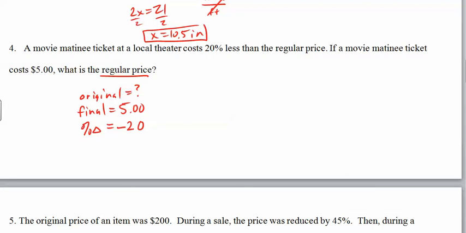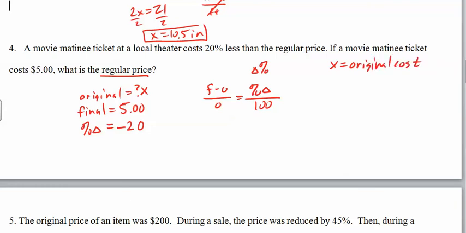All right, so we can go final minus original over original equals the percent change. Technically, this should be the change in percent over 100%. So we should be able to just plug those numbers in. The original is going to be x, so x equals the original cost before the 20% discount.